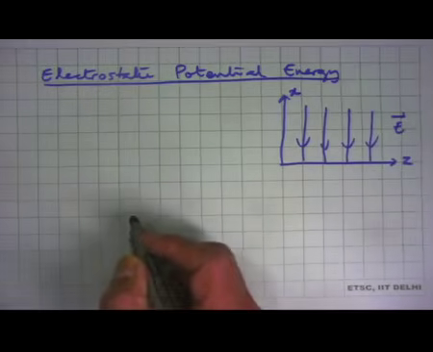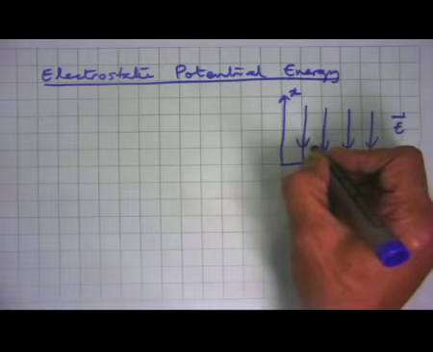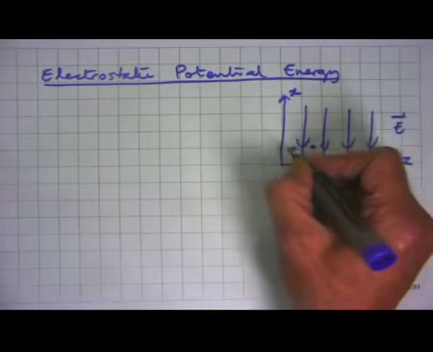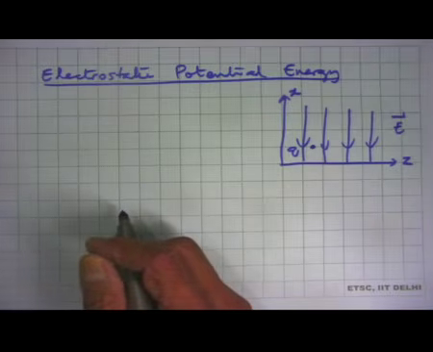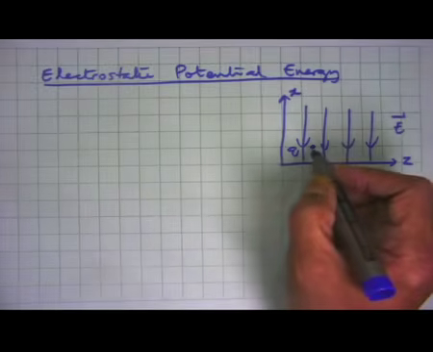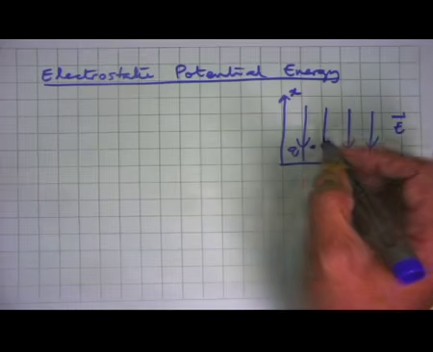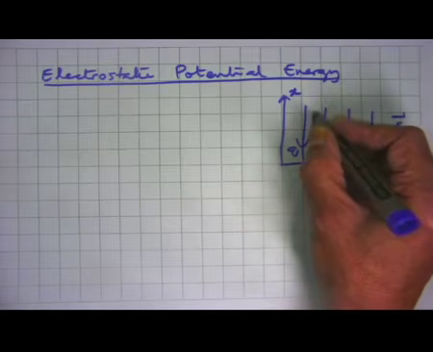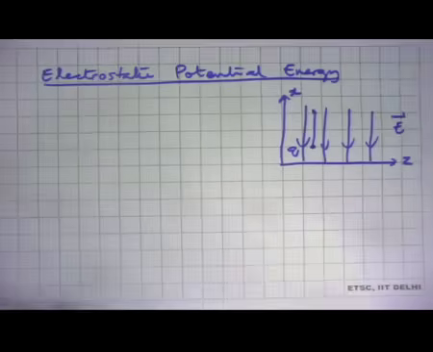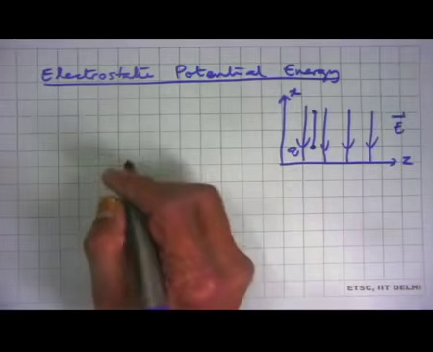So, if I have a charge here, say let me take a charge q, the charge q will be acted upon by an electrostatic force. Depending on the sign of the charge, the electrostatic force is either downwards or upwards. So, to move the charge from this point to another point, I have to apply an external force, and in that process the external force does work on the system.